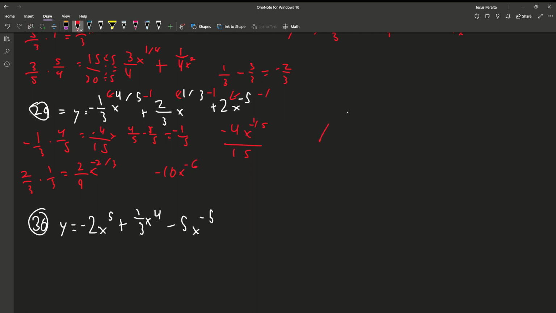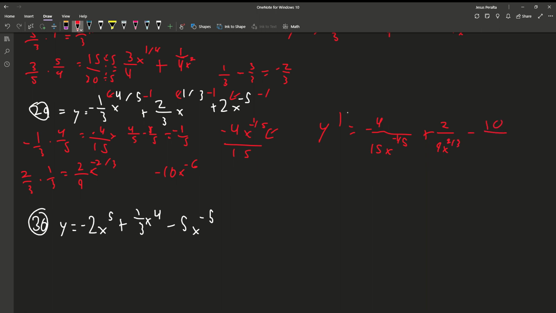So then we're going to combine everything. So we're going to get this, negative 4. And then since it's a negative 1 over 5, we're going to get 15. X to the power of negative 1 over 5 plus 2 over 9, and then to the power of negative 2 over 3. It's going to go to the bottom. And minus 10.